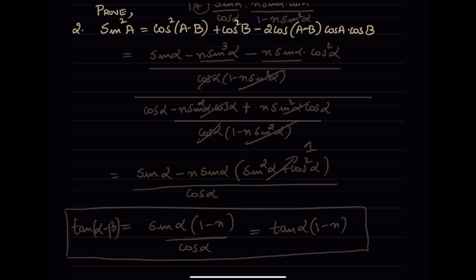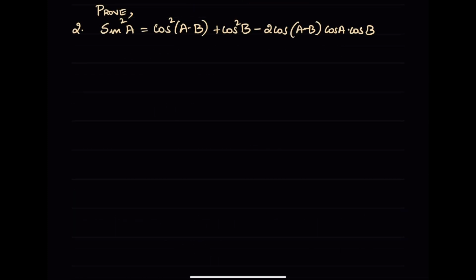Let's try the second one now. Let's try to prove the second one. Here we have to prove that cos square of a minus b plus cos square b minus 2 cos a cos b times cos of a minus b is equal to sin square a. Now if you observe here, the first term and the third term have cos of a minus b as a common factor.